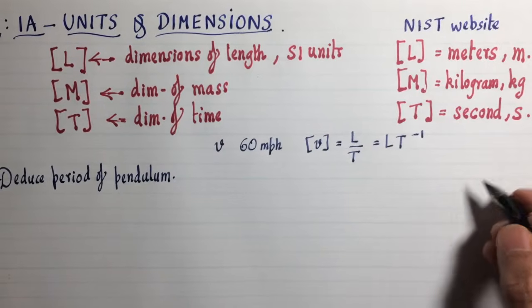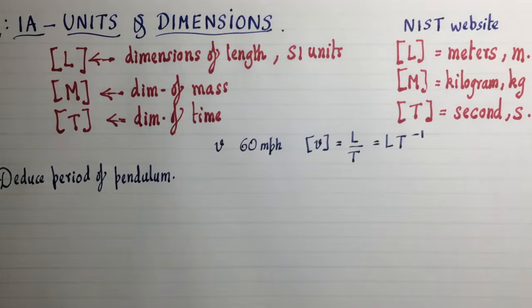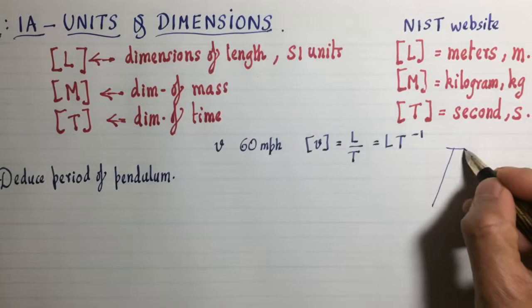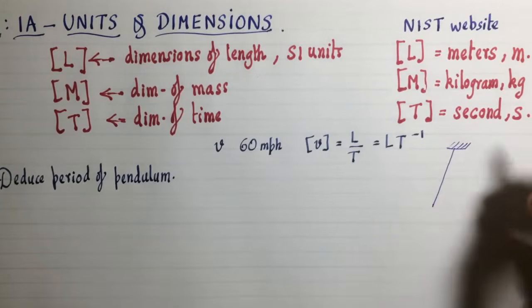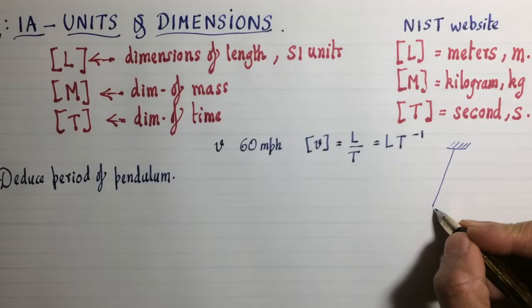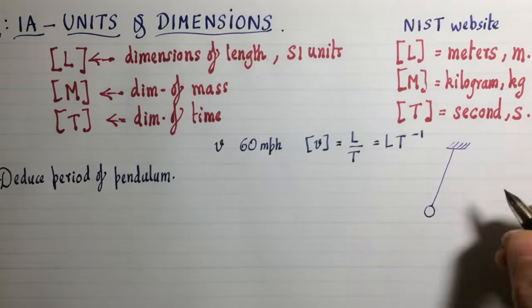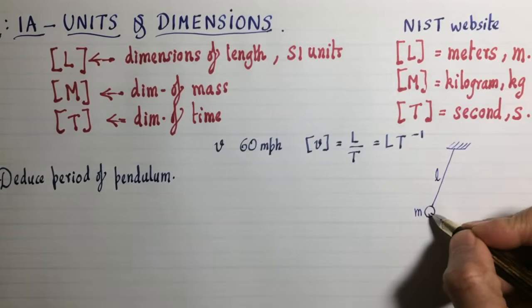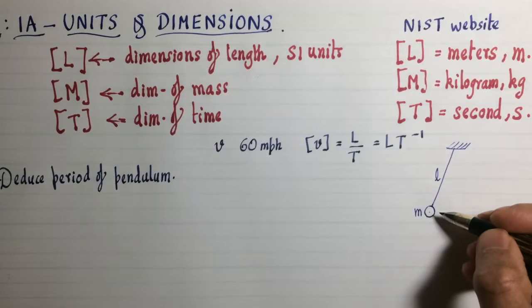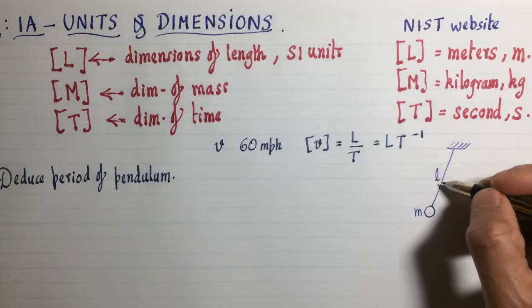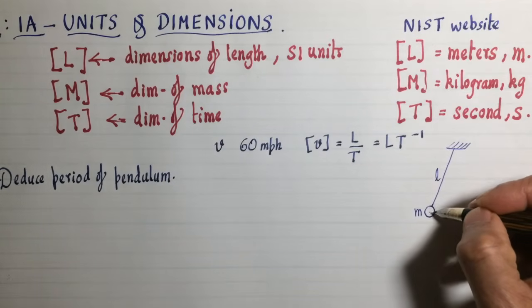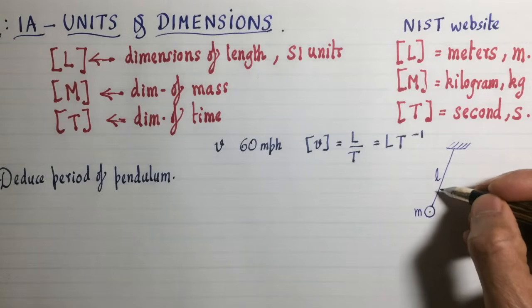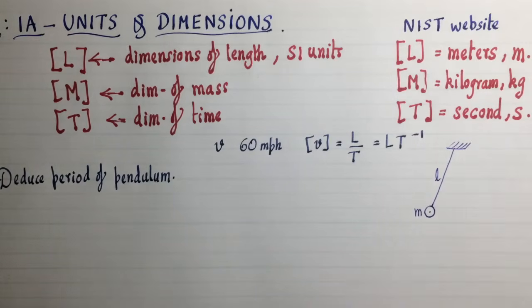You just tie a string to the ceiling or some support stand on one side, and then a heavy mass on the other side. This mass is considered to be a point mass for this exercise. You have the length L of the string. When we go to simple harmonic motion, I'll define this length more carefully, but right now it's just some length.